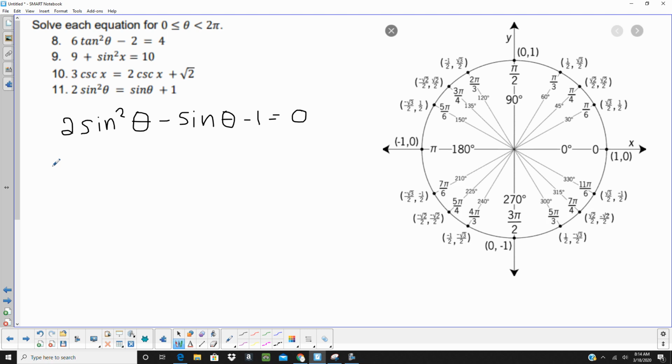All right, so do my 2 sets of parentheses, doing the opposite of FOILing. So I'm going to look at this first term, 2 sine squared. How can I multiply to get 2 sine squared? Well, it'd have to be 2 sine and sine.